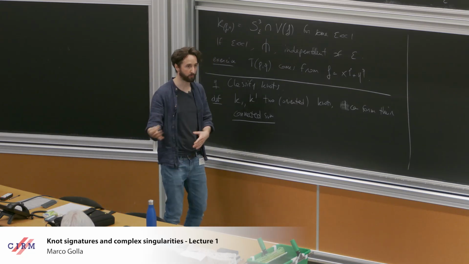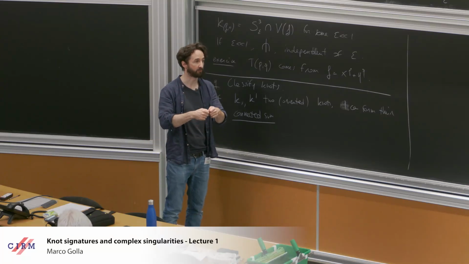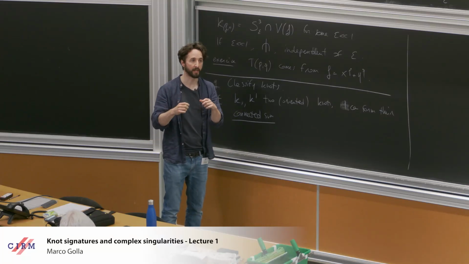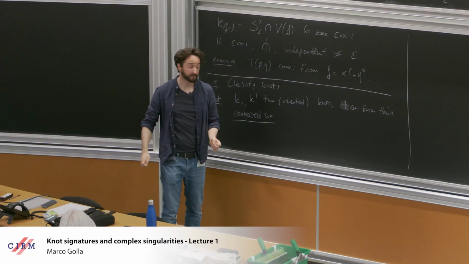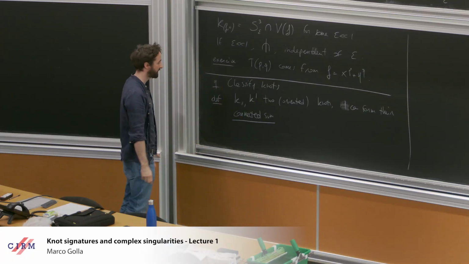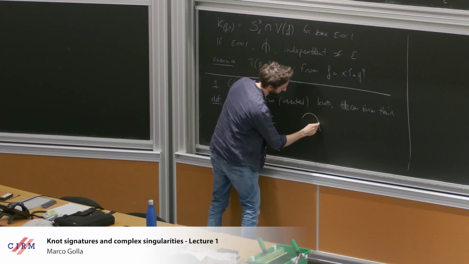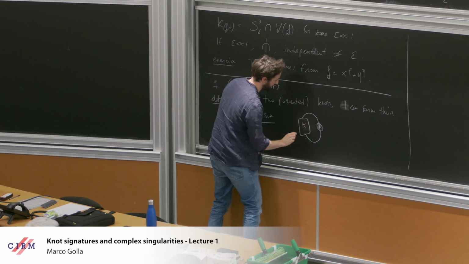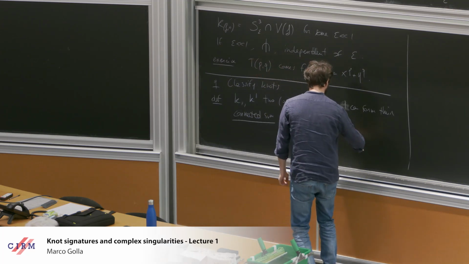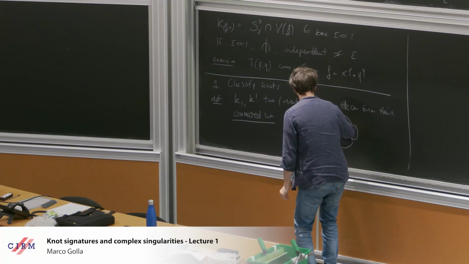A knot I can view both as an embedding of an S^1 or as an embedding of an arc relative to a disk. And this is the key to defining what a connected sum is. I can standardize my two knots in a ball. So I have K here, and I have K prime here, and they're somewhat standard in a ball.